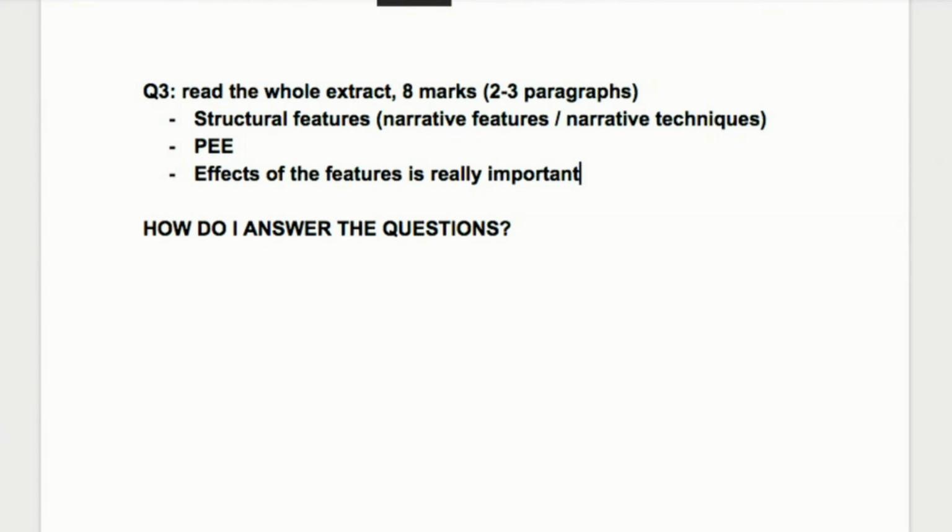The explanation is always really long, and the explanation is the bit where you talk about the effects of your evidence. So how does your evidence prove your point? So the same sort of process for this question, same number of marks, you should spend the same amount of time on it, but it asks you to look at structure rather than language, and asks you to look at specifically storytelling features, narrative features.